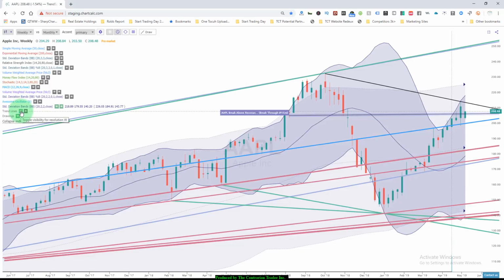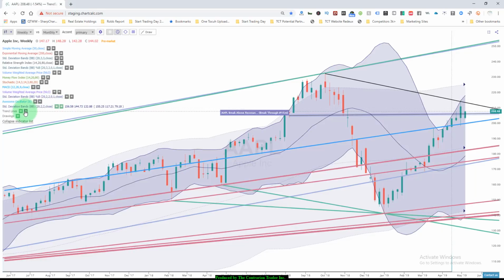Now, if we break out, where might we rally to on Apple? I think we could rally all the way up here to the 250 level, as noted by these extrapolated out upper bands of resistance. Now, how do I validate that on a monthly basis?